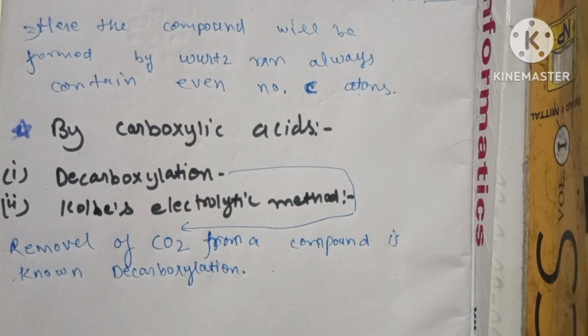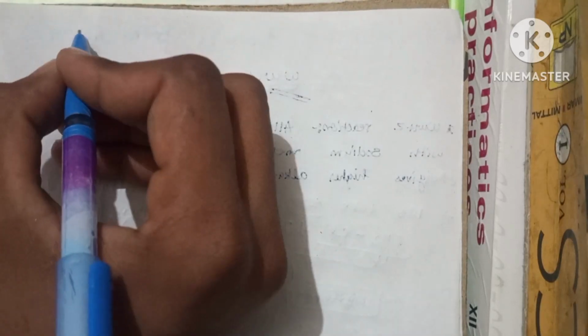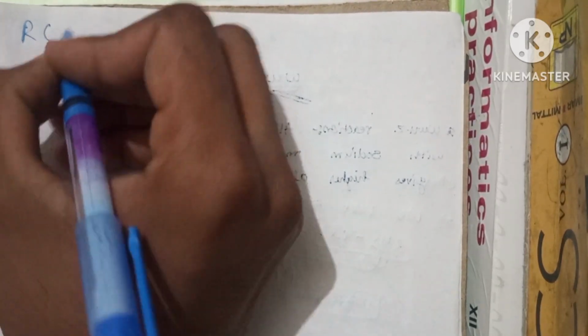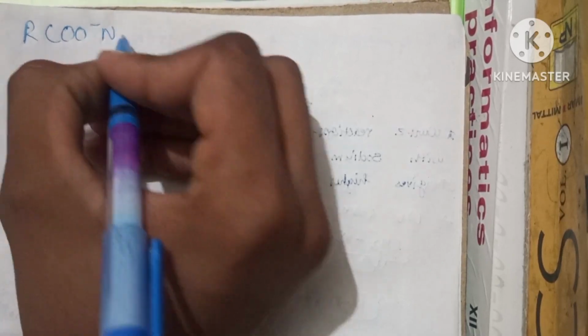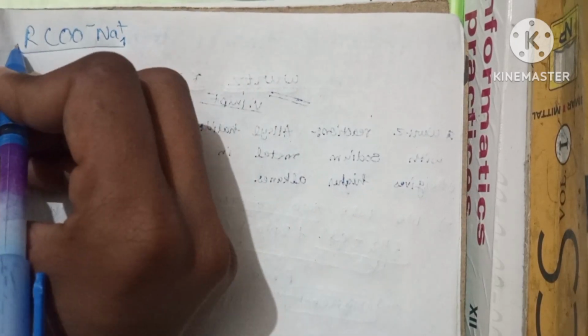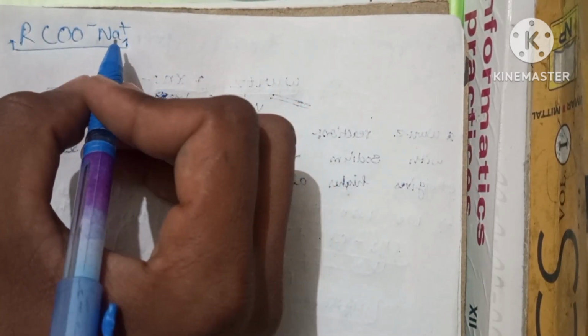And now we will see the whole process of the formation of alkane by decarboxylation. So we take the sodium salt of carboxylic acid. This is COO minus and Na plus. This is the sodium salt of carboxylic acid. We have already studied it in the earlier class 10th.